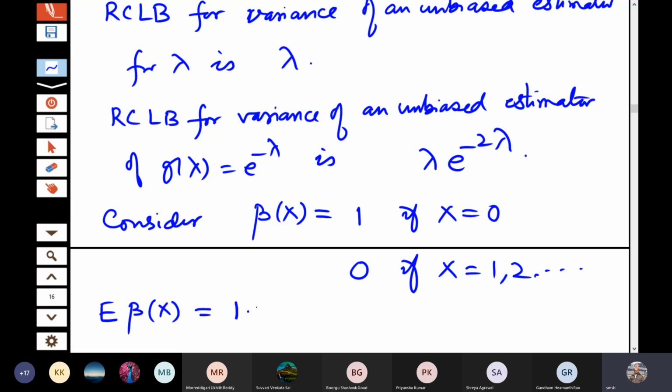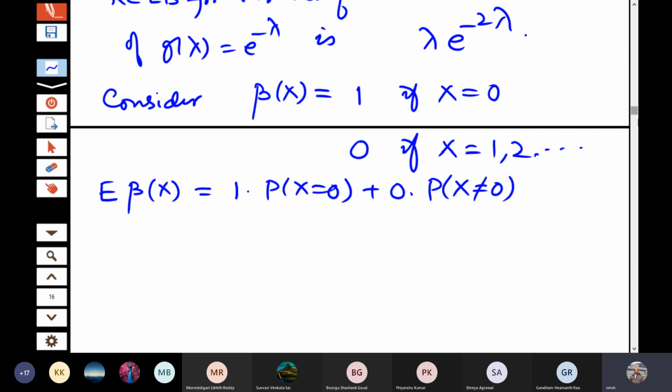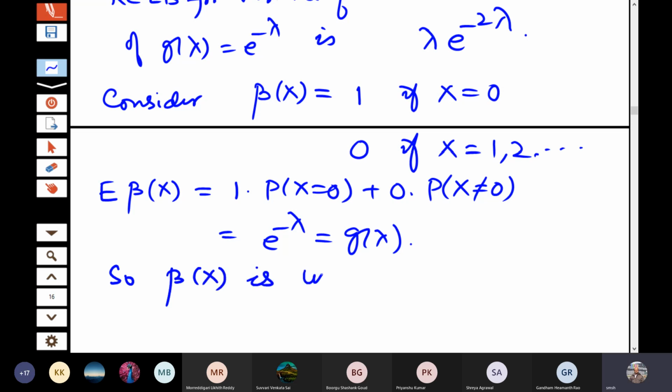So same thing here: 1 into probability X equal to 0 plus 0 into probability X not equal to 0, I can simply write. So this is simply e to the power minus lambda. So this is unbiased. So beta of X is unbiased.